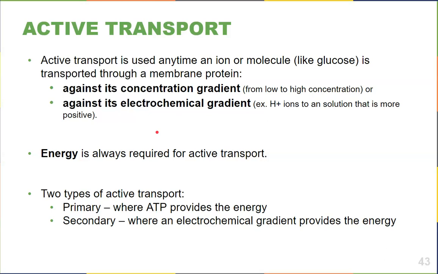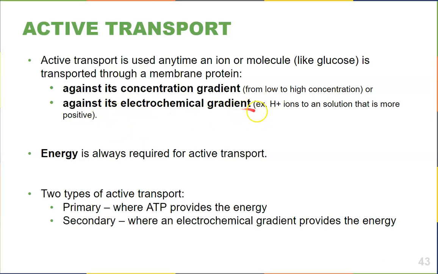When I say against a concentration gradient, it's going to go from a low concentration to a high, which is the reverse of what we've been talking about. It's like trying to take a person from the street and push them onto an already packed bus. So you have to use a lot of energy to do that.